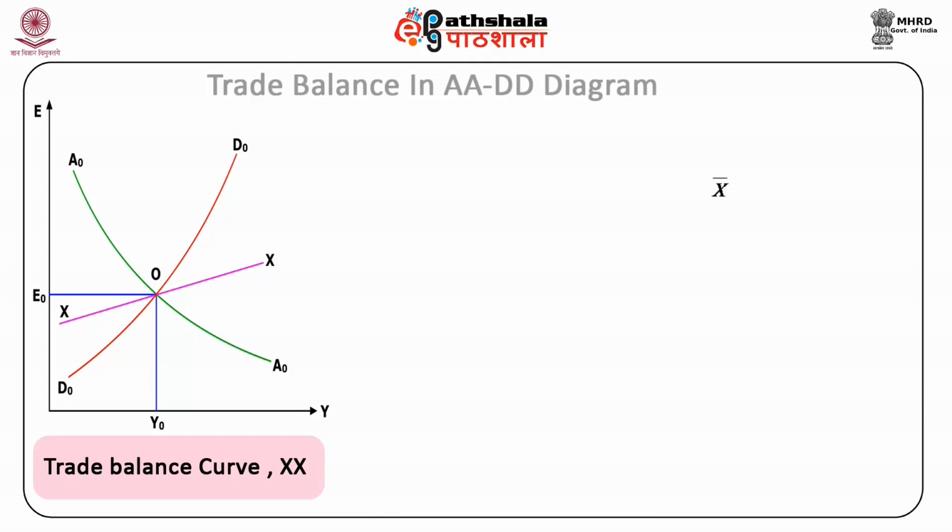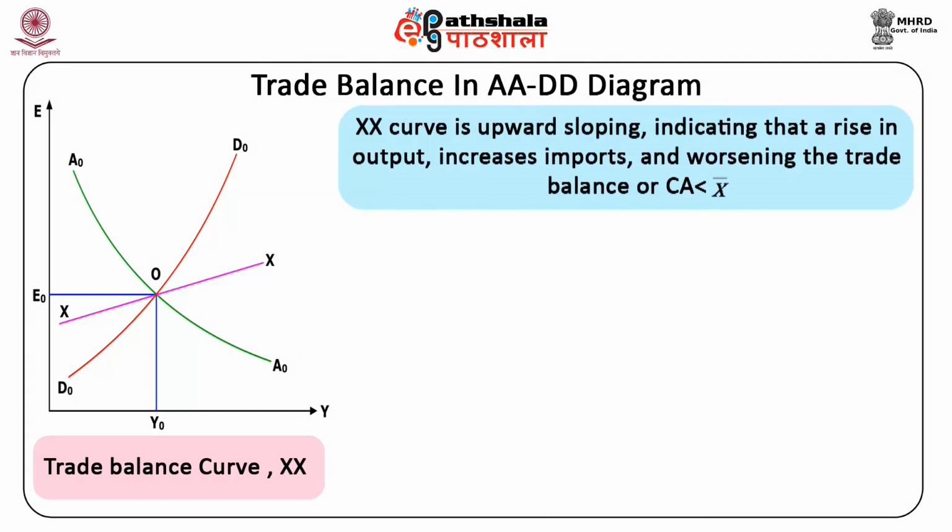The XX curve shows all the combinations of output and exchange rates at which the current account balance will be equal to X bar, or CA = X - M = X bar. Note that this XX curve is upward sloping, indicating that a rise in output increases imports and worsens the trade balance, or CA is less than X bar.